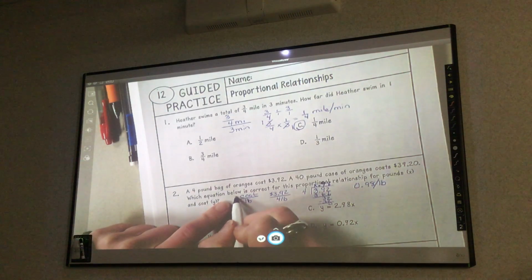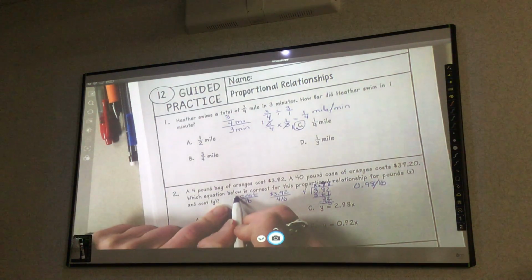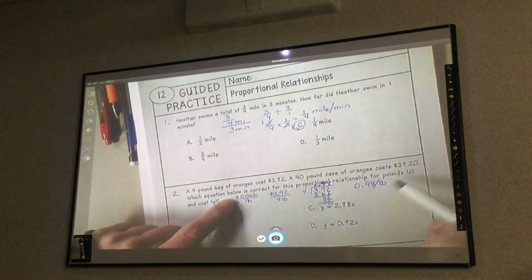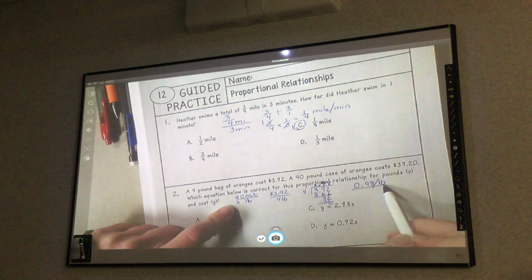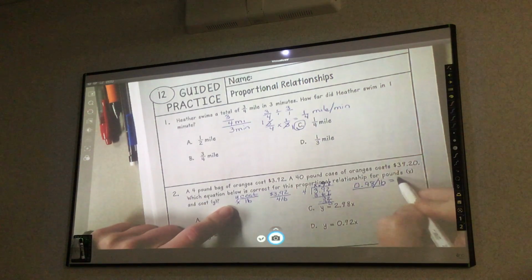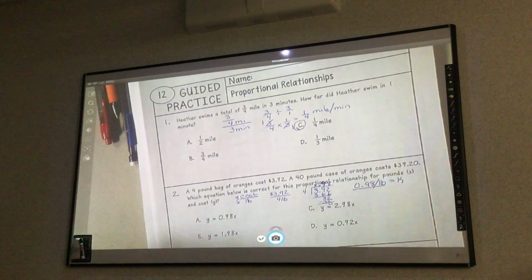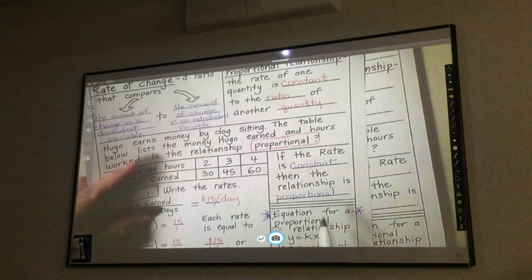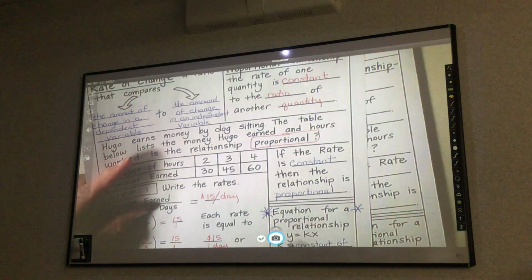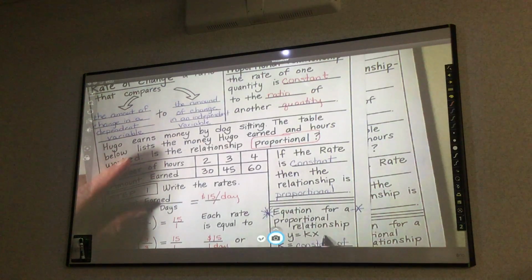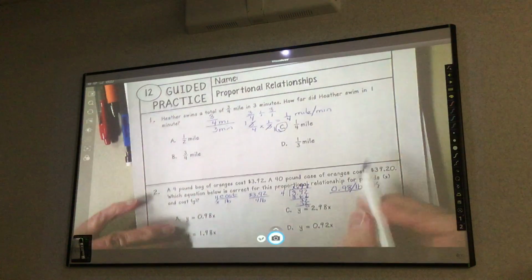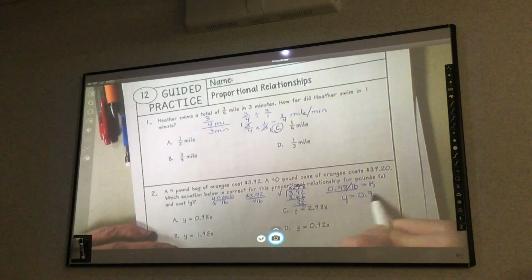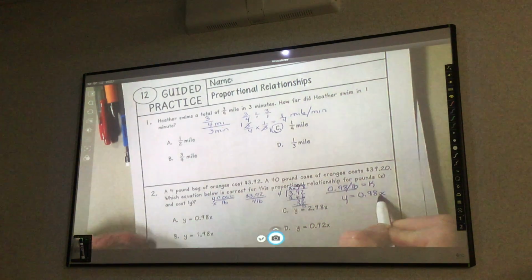This was my x, or excuse me, this was my y, and this was my x. Okay? So y over x. This is what we found to be our k. So then we go back to the formula. The formula is y equals kx. So then we'll say y equals k, which is 98 cents, x.